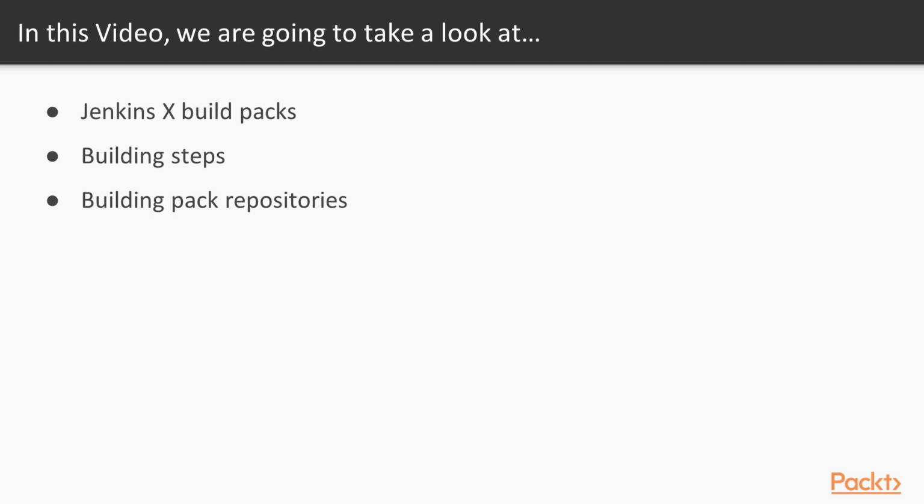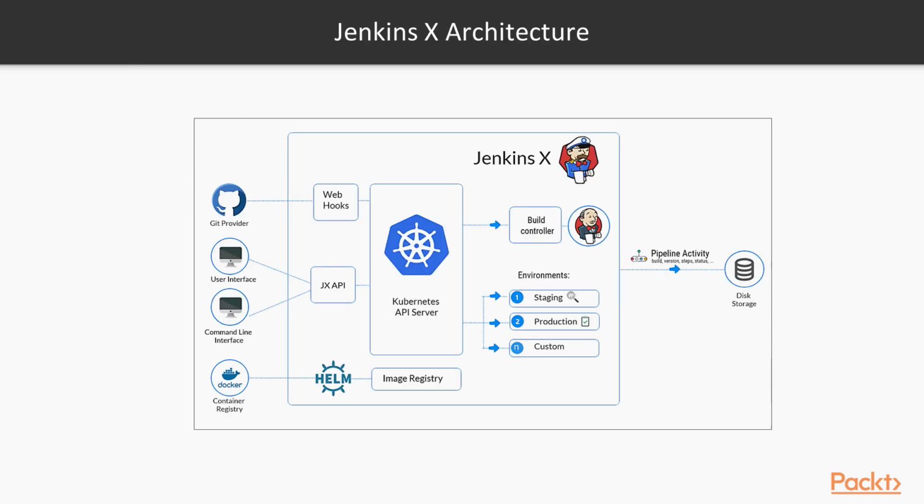In our previous section, we looked at adding an application to Jenkins X, either using a quick start or importing existing code. And then, looking at this architecture diagram, we focused on the build controller, which in our case is prow.